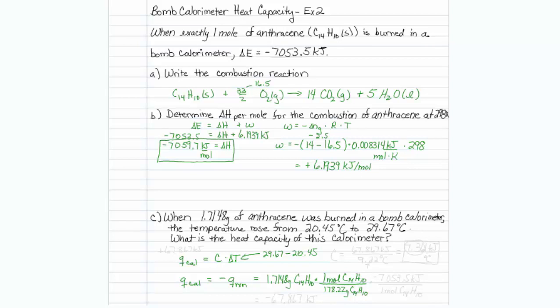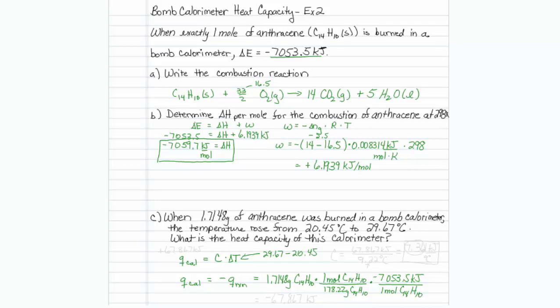And this is a bomb calorimeter, so I don't want to take my delta H value. I actually want to go back and take my delta E value, because we want heat change under constant volume. And that would be minus 7,053.5 kilojoules per 1 mole of anthracene.